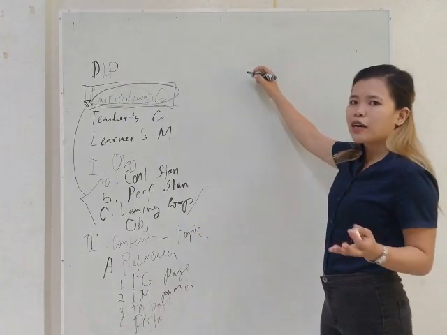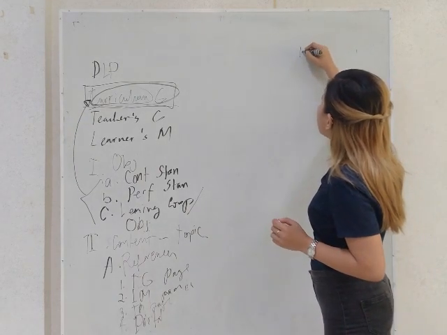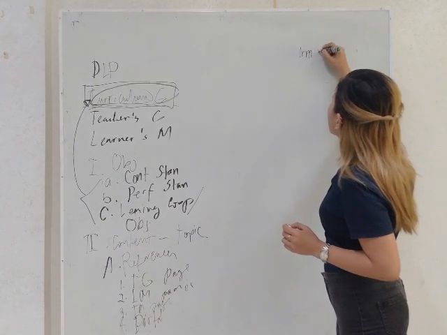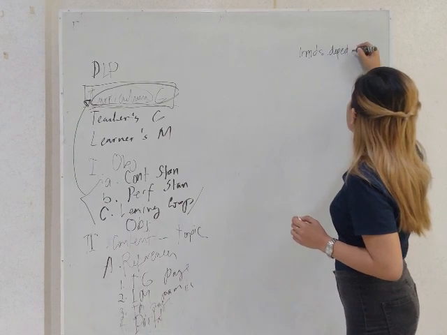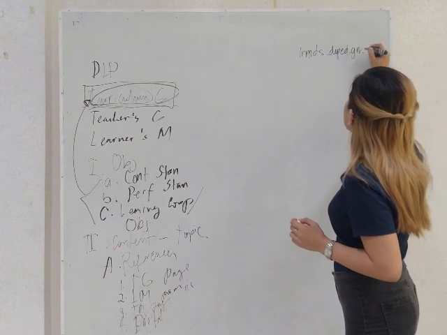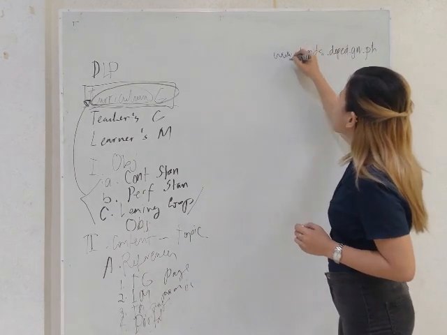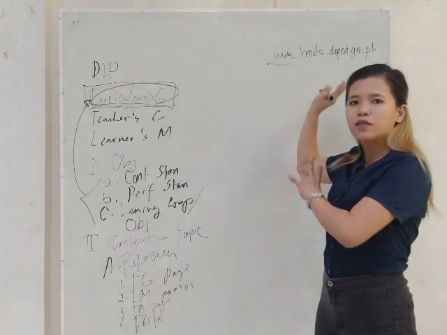You can check it out, but you need to have a DepEd account para ma-access mo siya. lrmds.deped.gov.ph. So yeah, of course, merong www right here. You can access materials from this one.